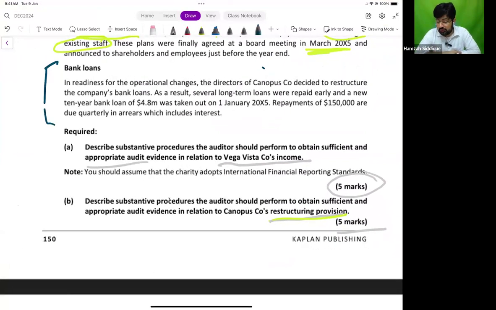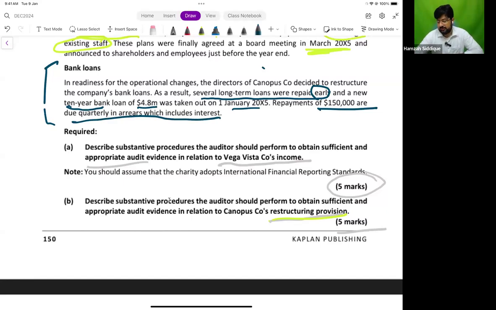In readiness for the operational changes, the directors of Canopus company decided to restructure the bank loans. As a result, several loans were repaid early. Very important. And a new 10-year bank loan of 4.8 million was taken out. Repayments of 150,000 are due quarterly.